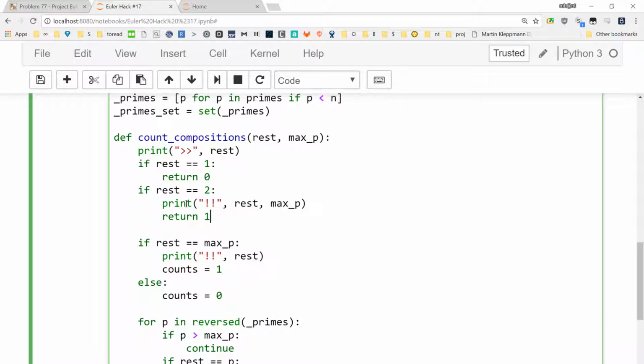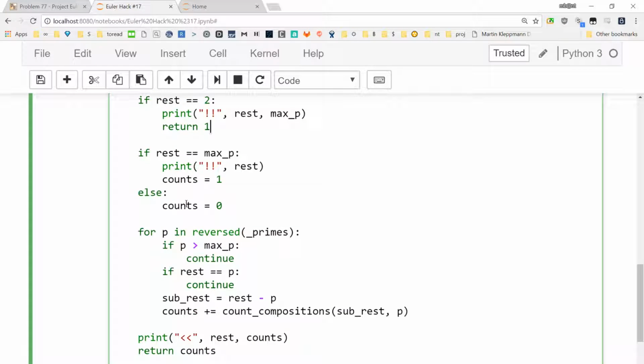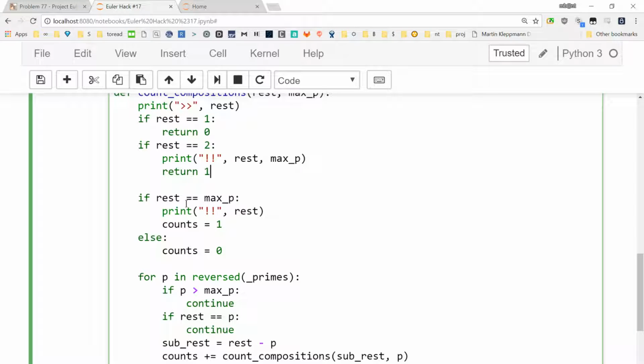I'm not sure if the stopping condition would always be p minus rest equal to 1 or 2. Could be that our number is the first prime number less than our number, and the difference between them is more than 1 or 2.